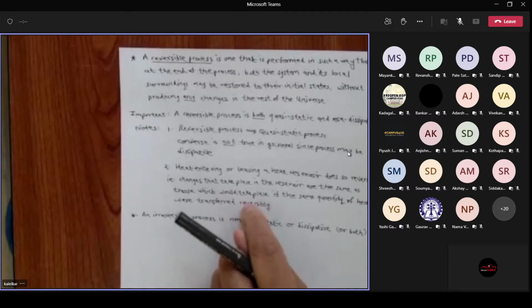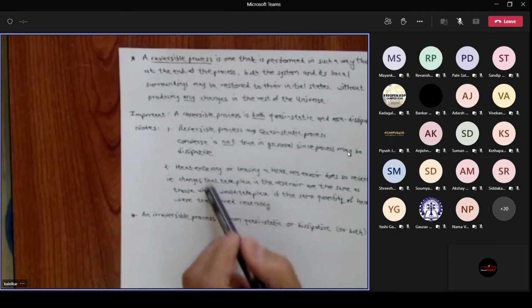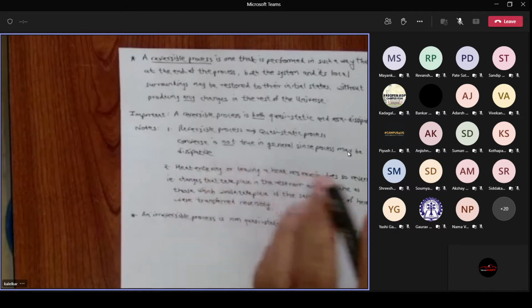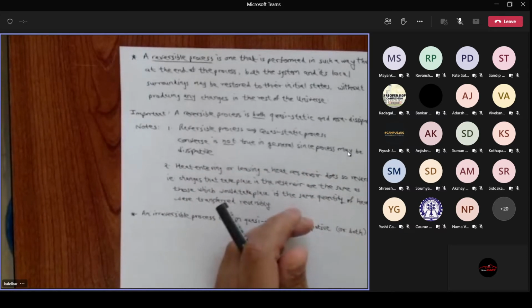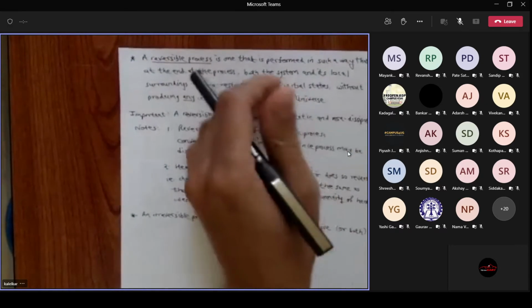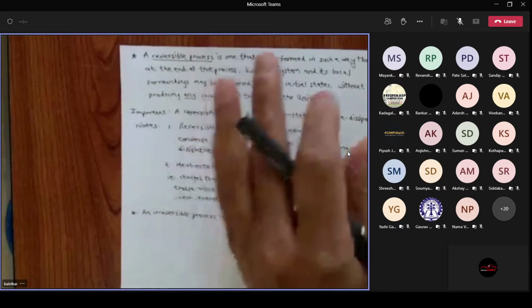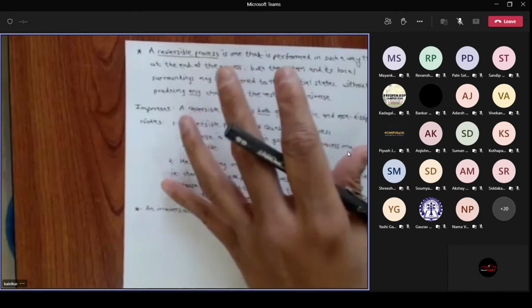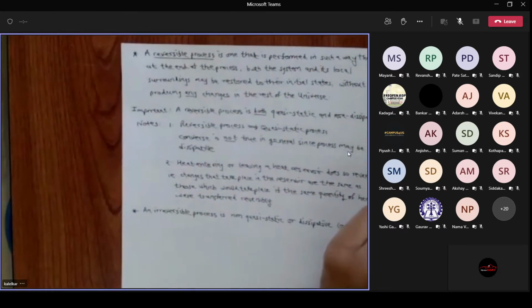Now this is something worth thinking about. Okay, it requires a bit of thought. What you are saying is, if I have a system interacting with a heat reservoir, and I'm doing any heat exchange with the reservoir, suppose you're throwing out some heat, then as far as the reservoir is concerned, that process is reversible.